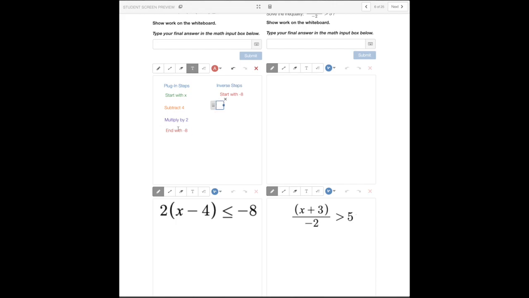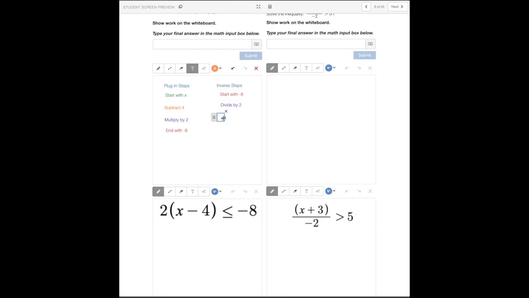Then I have to undo this multiplying by 2. To undo that, I need to divide by 2. Then I undo the subtract by 4. The opposite of subtraction is addition.